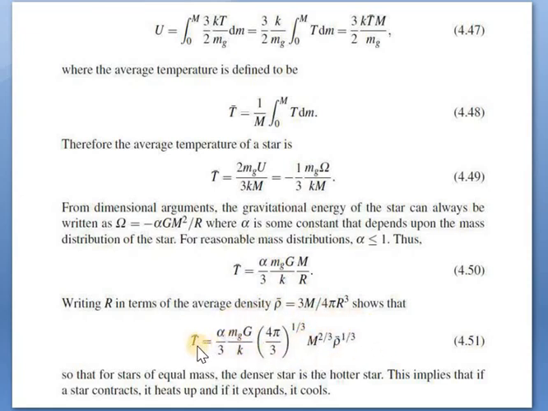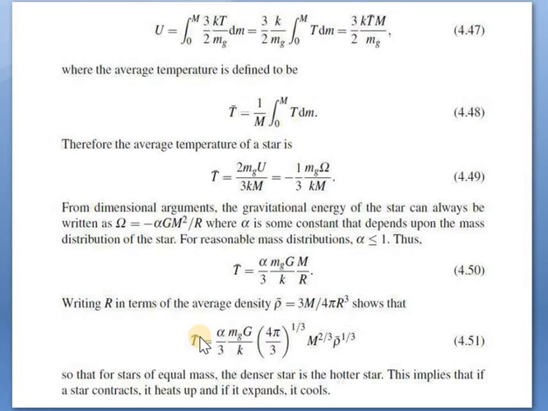And if we write R in terms of the average density, then we get this very interesting result. You see, T average depends on the mass M to the power 2 by 3 and the average density. So this means for stars of the same mass, T average will be directly proportional to rho average to the power 1/3. So a denser star will have a higher value of the average temperature, right?